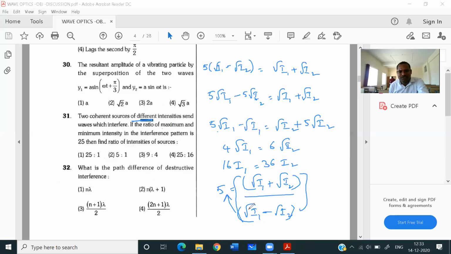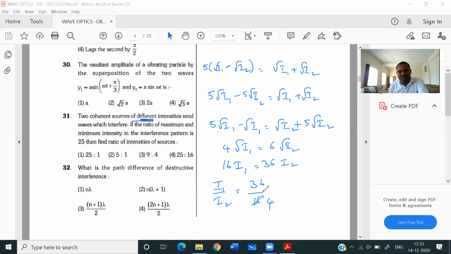So the I1 by I2 ratio is 36 by 16, which is 9 by 4, that is 9:4. Option 3 is the right answer.